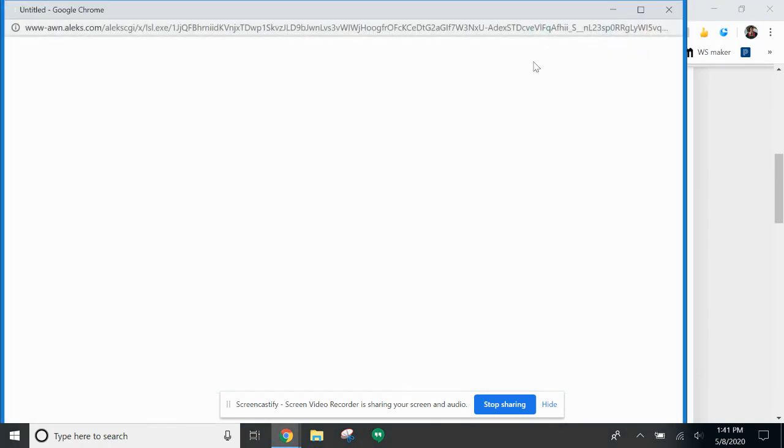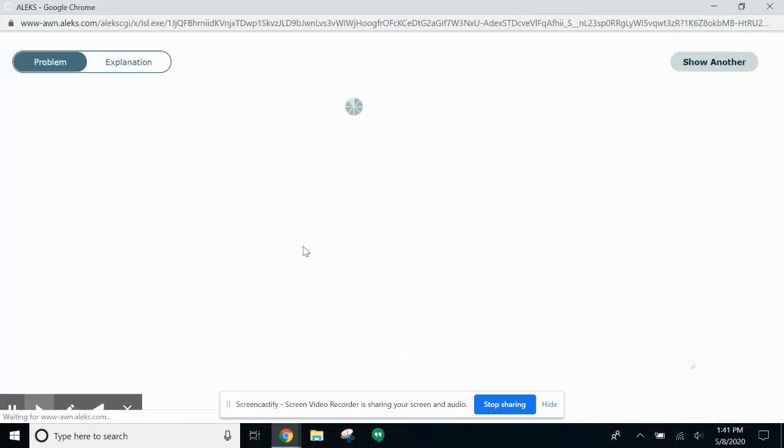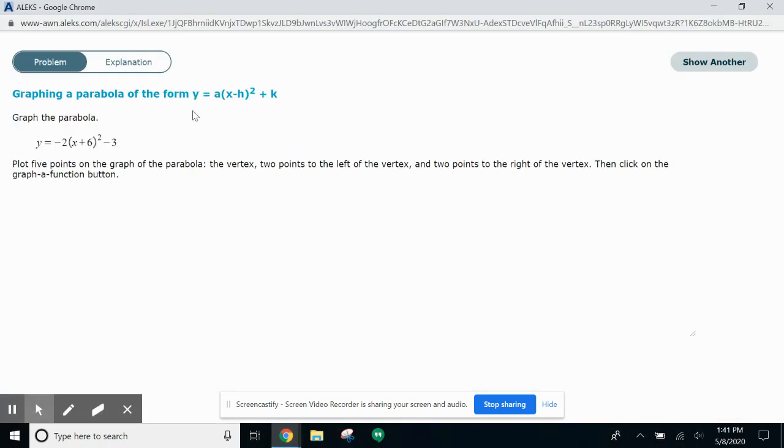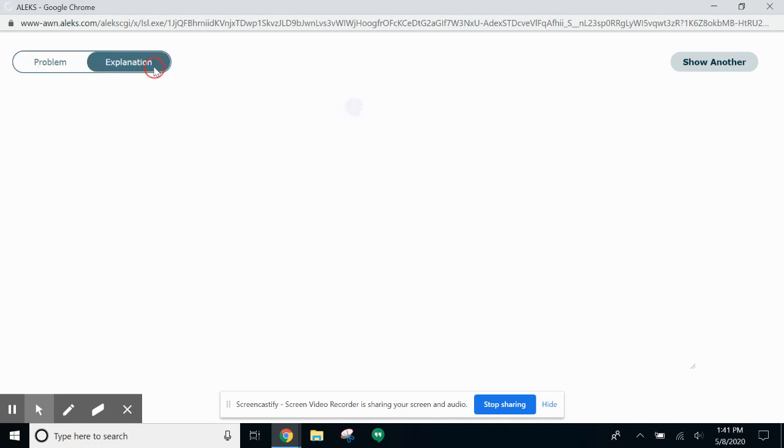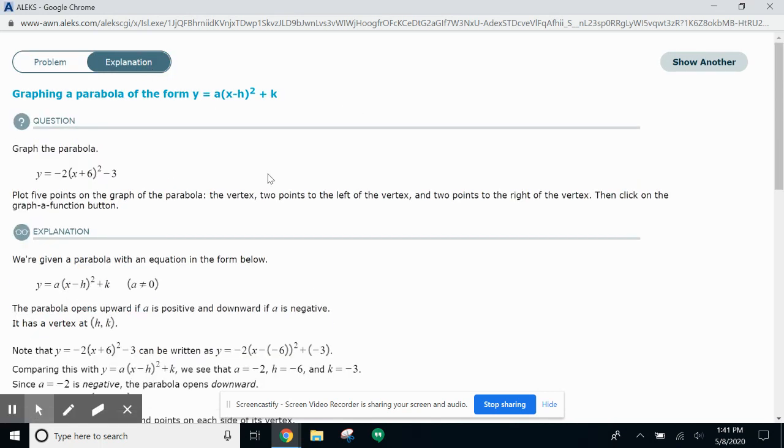So this one, we're going to graph a parabola in this form, which is considered vertex form. It's in vertex form, which means we should very easily be able to see the vertex. Just like how lines can be in slope-intercept form, and we can see the slope and intercept, this one we can see the vertex.